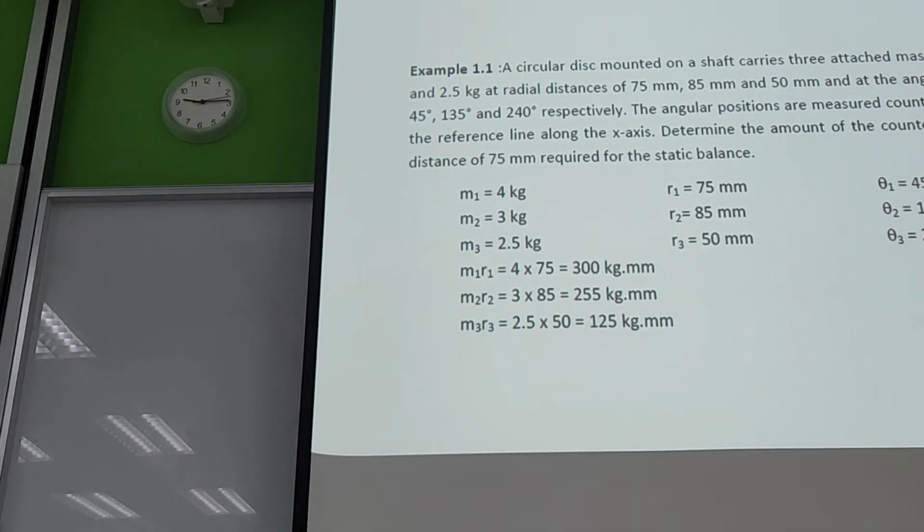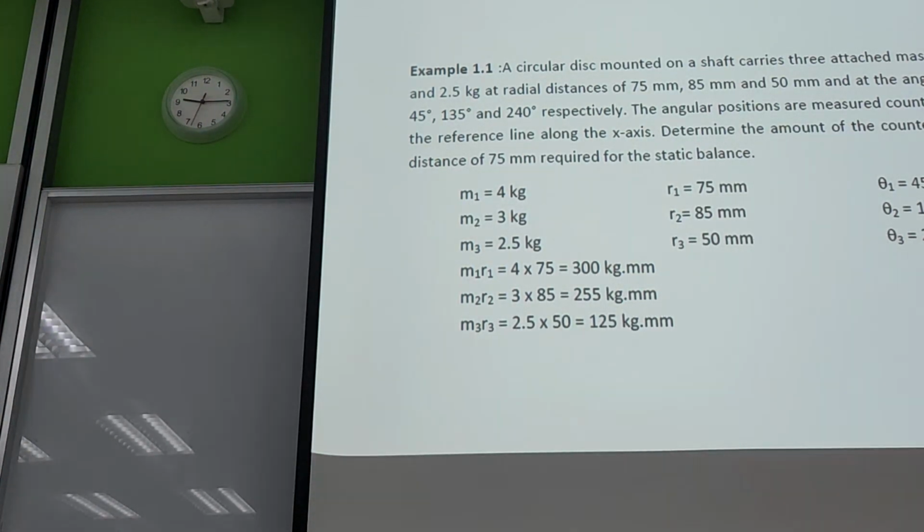So you can just choose a coordinate axis. So we draw 300 units at an angle 45 degrees.